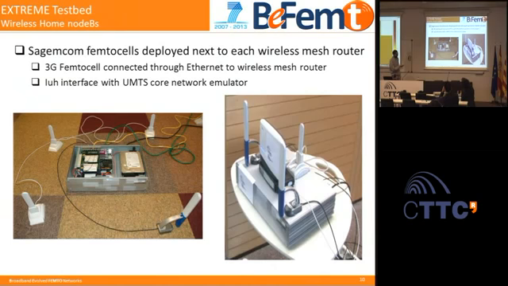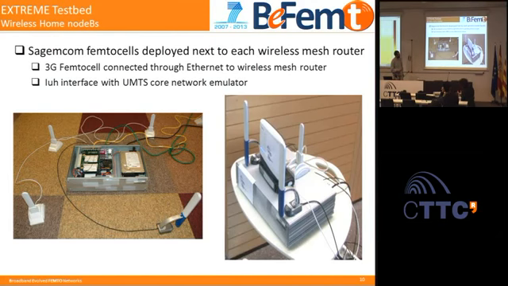And this is the wireless home node B. It's 3G. Right? So SessionCom, and thanks to Thierry and Frederica and all that, provided us 12 femtocells like the one you see here.